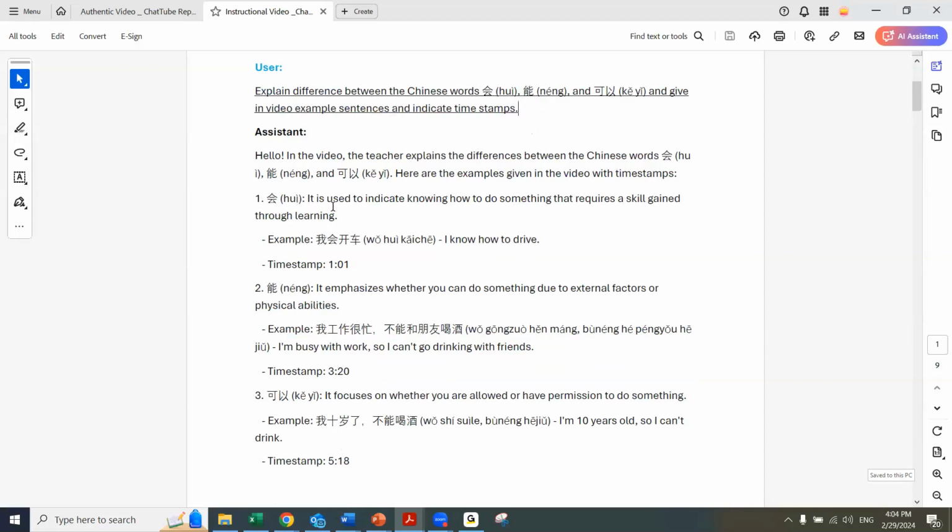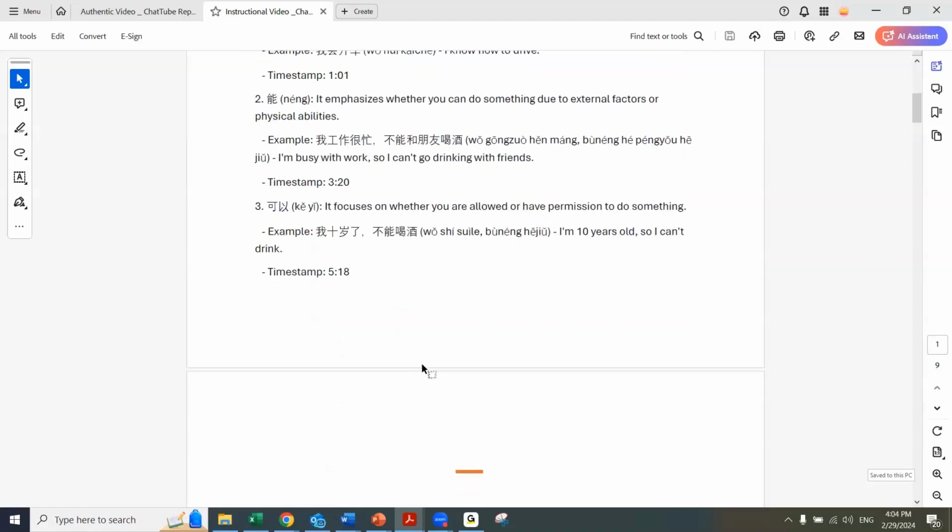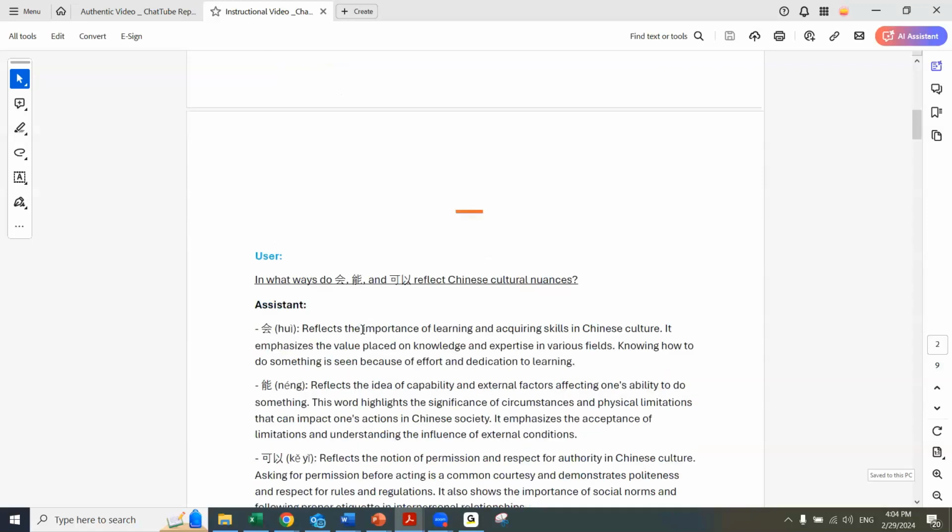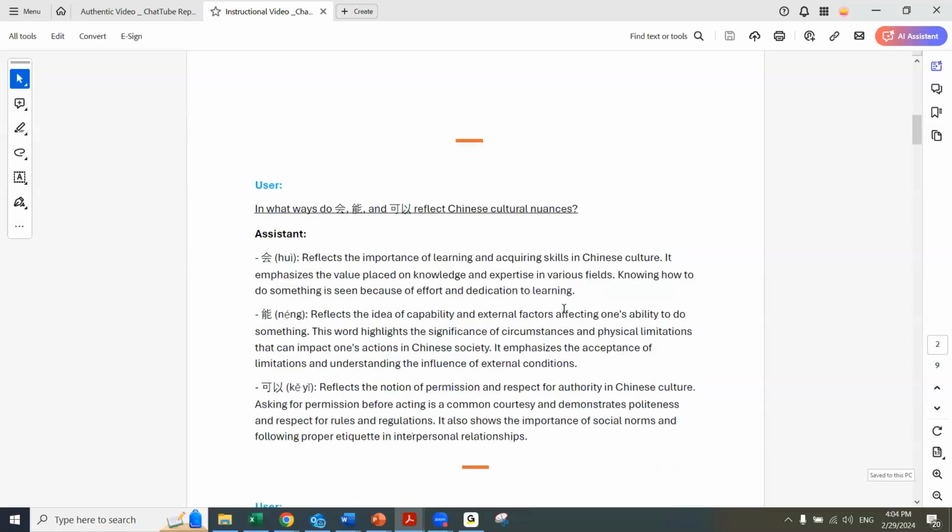So it gave me everything and they're correct from what they pulled out from the content. So that's really good. And also I asked in what way do those 3 words reflect Chinese cultural nuances. It also gave me a very good explanation.